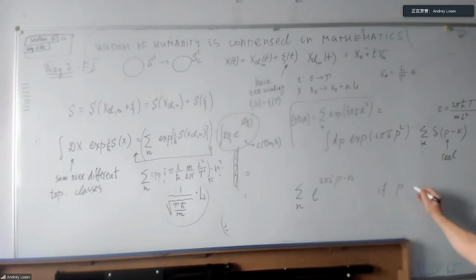And I know if p is an integer, this is infinity. However, if p is not an integer, this is 0.